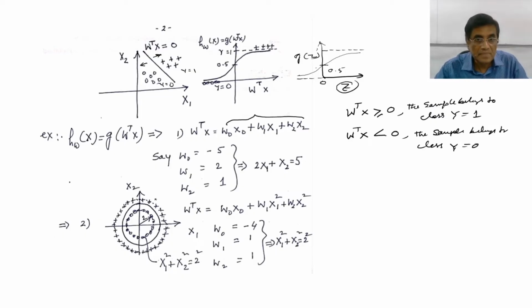Now, is it only that the decision boundary could be a straight line? Not necessarily. Logistic regression can also design a decision boundary which is nonlinear in nature. For example, these are my nonlinear samples. This is a positive sample, say y equal to 1, and this is a negative sample, y equal to 0.